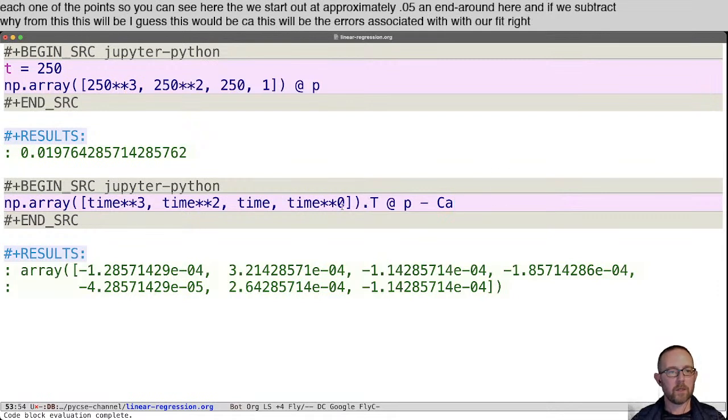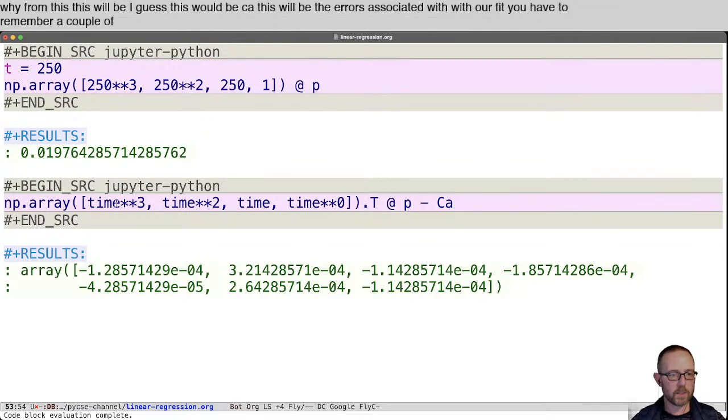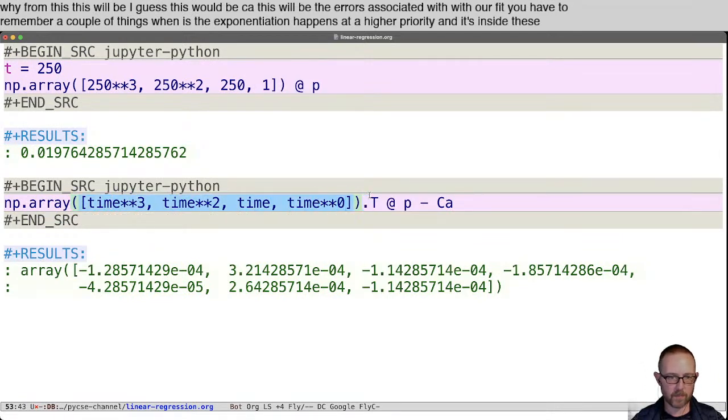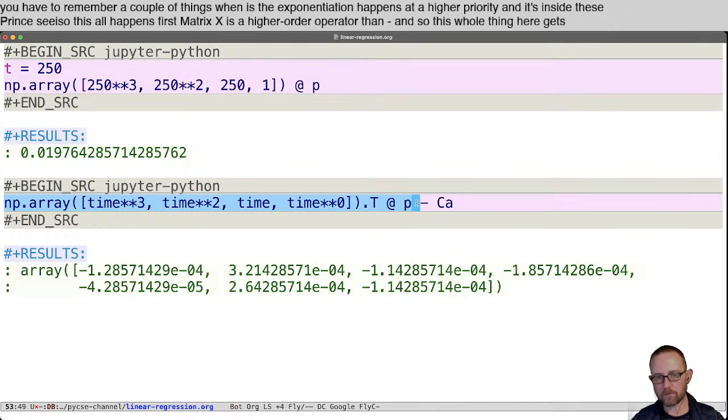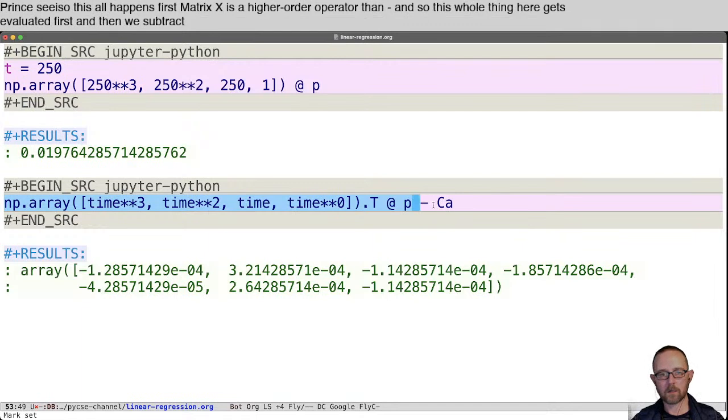All right, you have to remember a couple of things. One is the exponentiation happens at a higher priority, and it's inside these parentheses, so this all happens first. Matrix multiply is a higher order operator than minus, and so this whole thing here gets evaluated first, and then we subtract off the CA, and that's an element-wise subtraction.